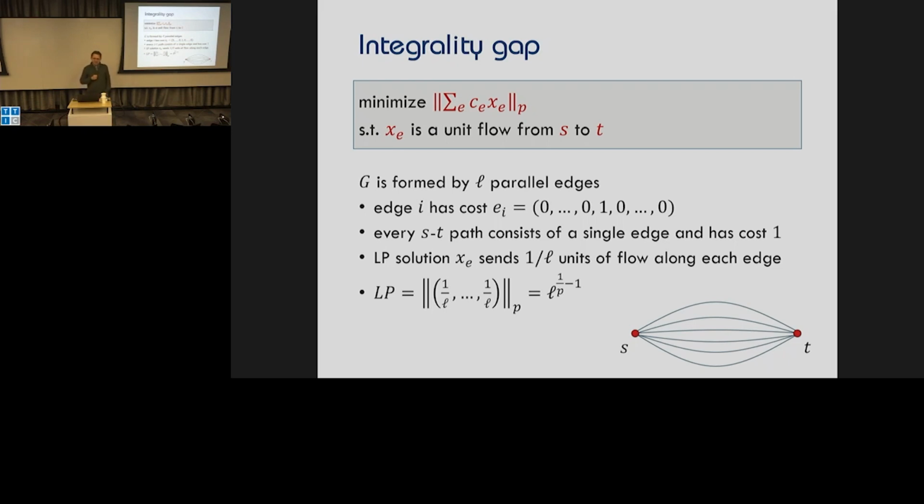So we see that the integrality gap is L to the power of 1 minus 1 over p, which is terrible in the sense that we can get this approximation by simply reducing our problem to the standard scalar version of shortest path.